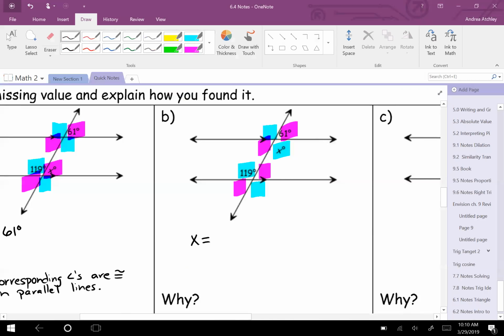Okay, and what does X equal? 119. Okay, they're the same color, so that helps me identify that they are congruent. But now I did name the type of angles.